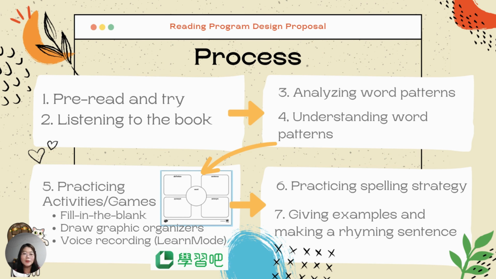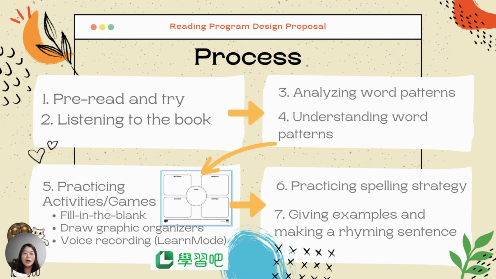And also, I hope they record the word voice in an online platform, that is Learn Mode, where they can upload their voice. And there is an AI tool to help them recognize their pronunciation.